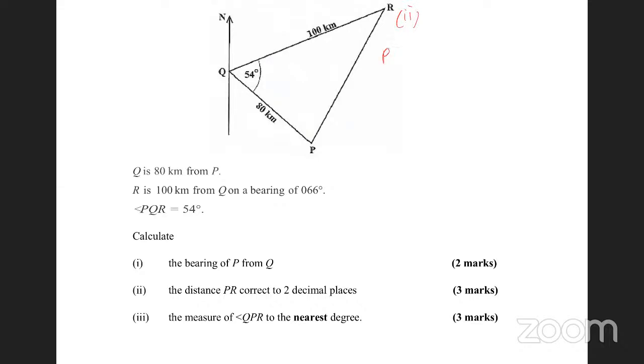Right, so PR squared is equal to 100 squared plus 80 squared minus 2 by 100 by 80 cosine 54. When you work it out, how much did you get? 6,000 what? Before you square root.